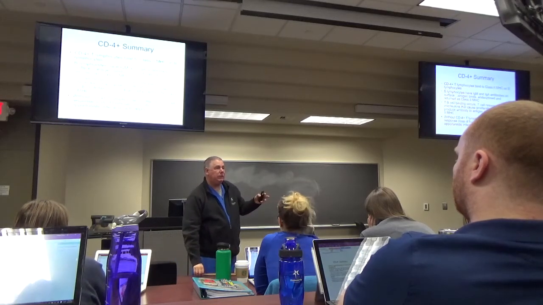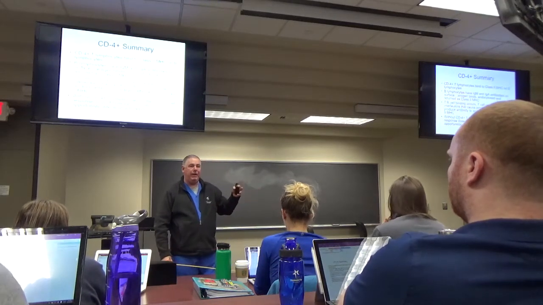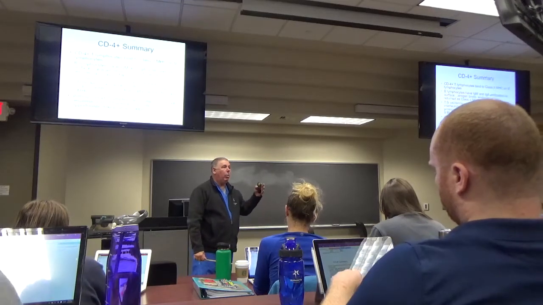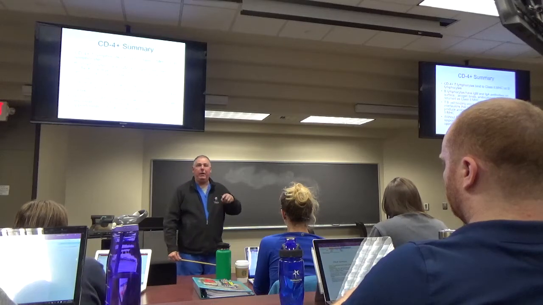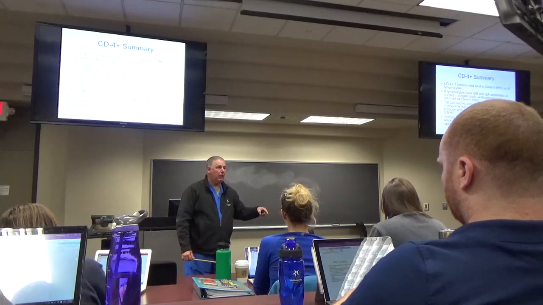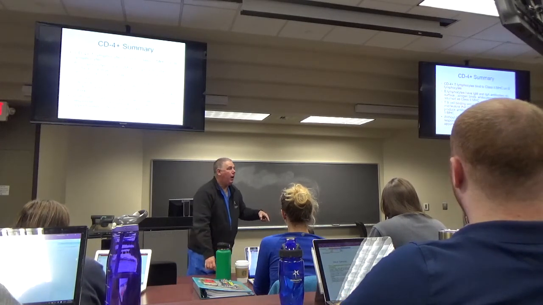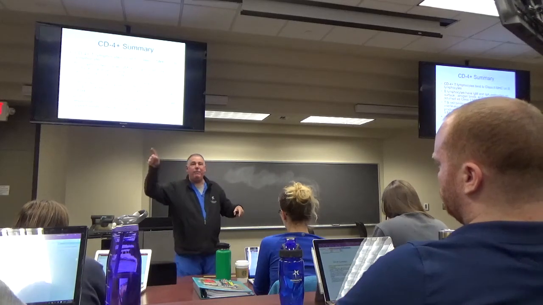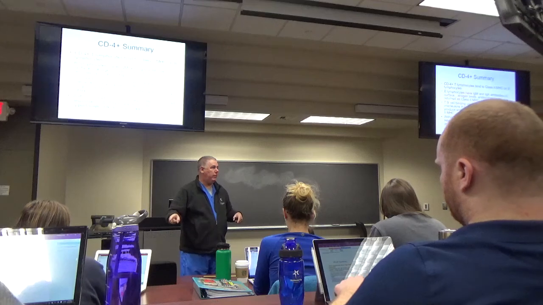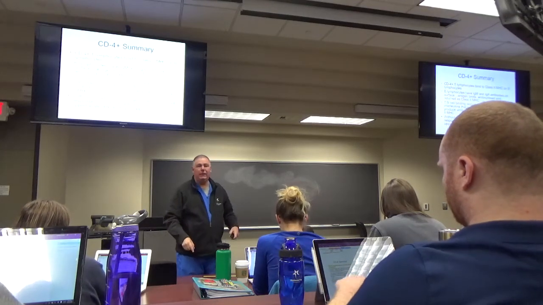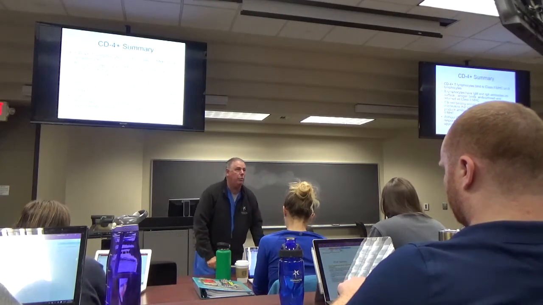In AIDS, not HIV, in AIDS, what is the diagnosis of AIDS? When does HIV become AIDS? When the CD4 count drops below 200. It has nothing to do with viral load. It has nothing to do with anything else.